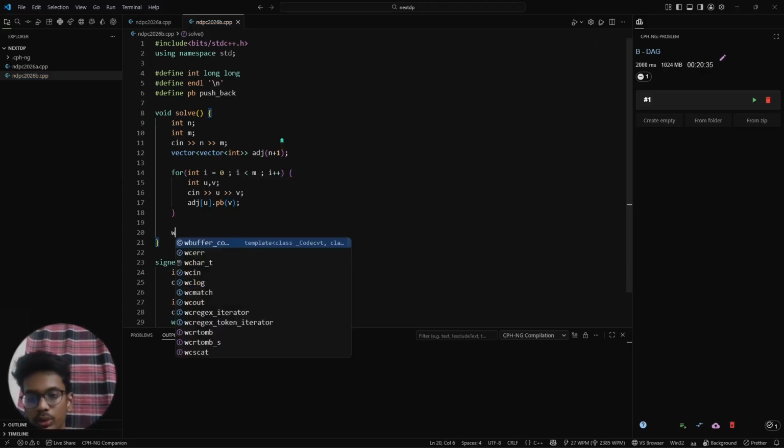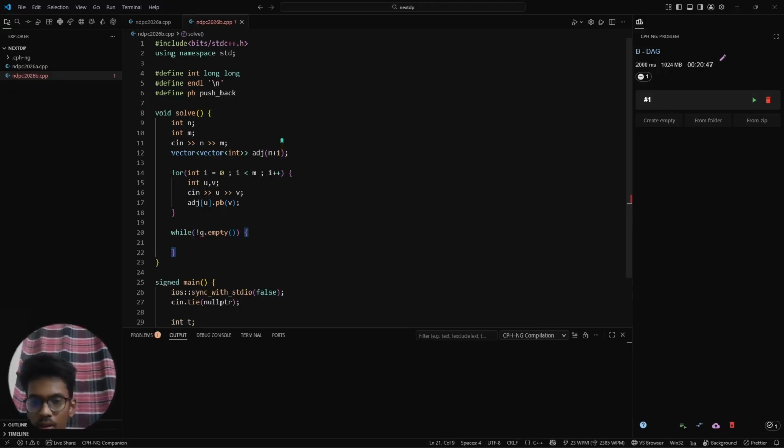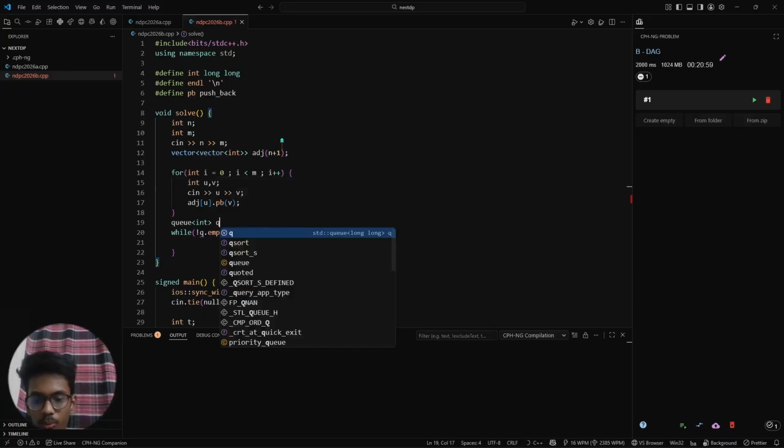Now let's use the BFS to explore all the possibilities. Like, to do the complete search, figuring out it's a complete search is not a big thing here because it's a very simple thing, right? Alright, so we need a queue of int.